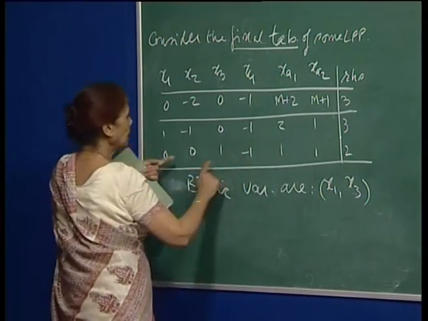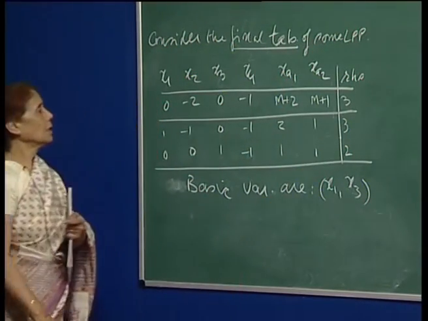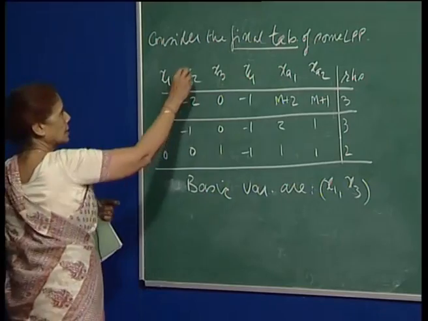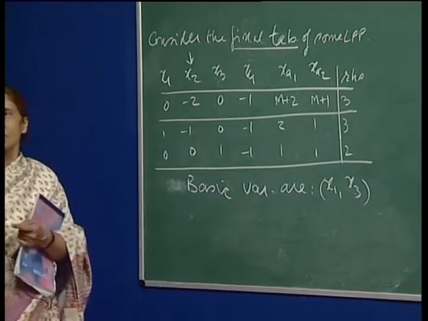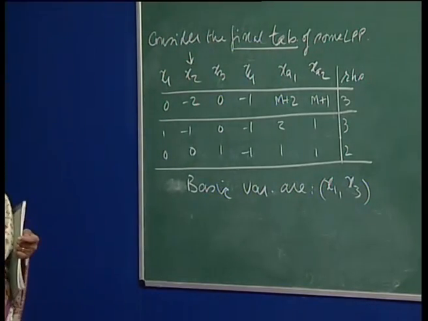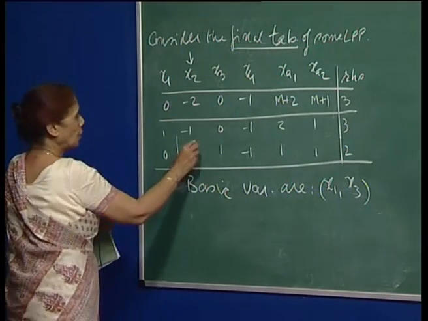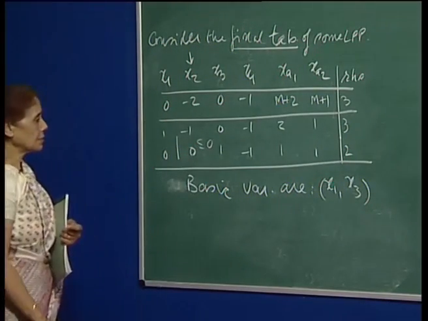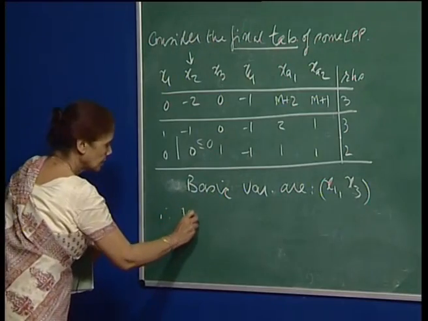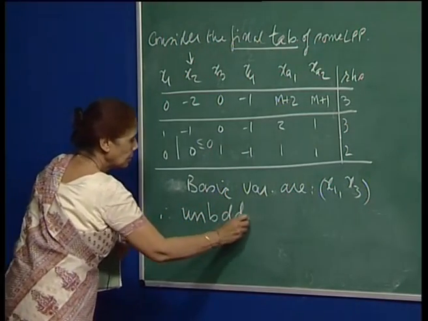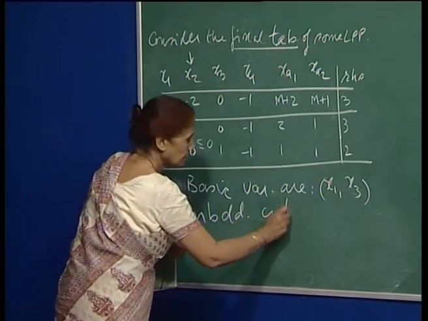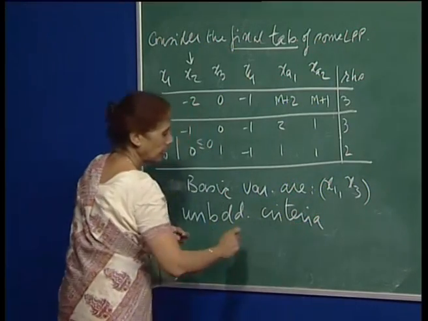x1 is at level 3, x3 is at level 2, and this is a candidate for entering the basis because the corresponding Cj minus Zj is negative, but we see that all entries here are less than or equal to 0. Therefore, the unboundedness criteria holds.